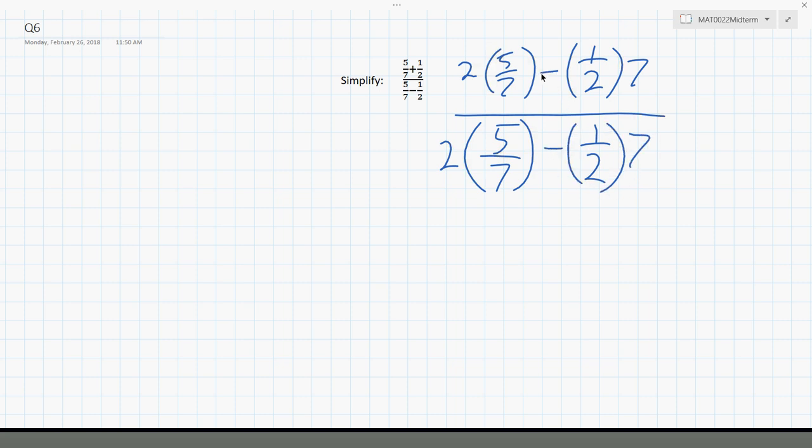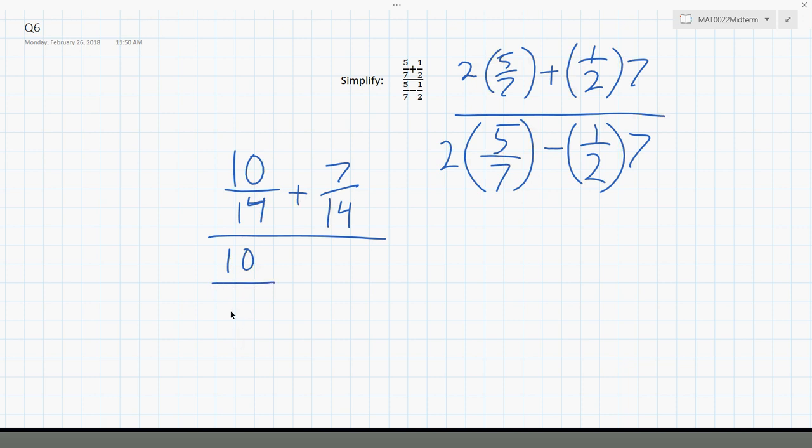This is a subtraction, that's addition. So doing this, we're going to get 10 over 14 plus 7 over 14 over 10 over 14 minus 7 over 14.